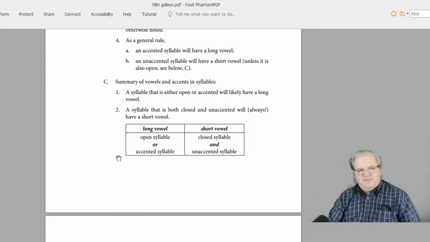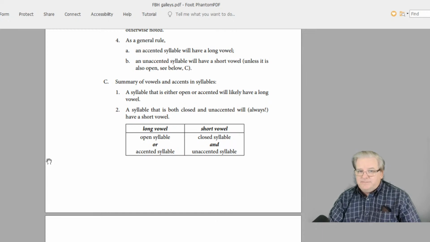So the summary of vowels and accents in syllables: a syllable that is either open or accented will likely have a long vowel. That's a sometimes rule. Probably right. It's a good rule of thumb, but it isn't an always rule. It's kind of what Hebrew wants to do, though. A syllable that is both closed and unaccented will always have a short vowel.